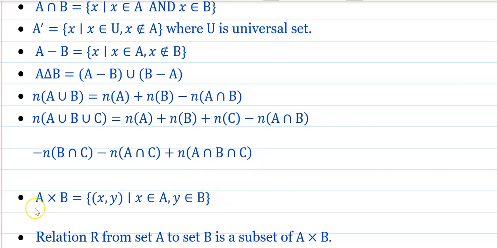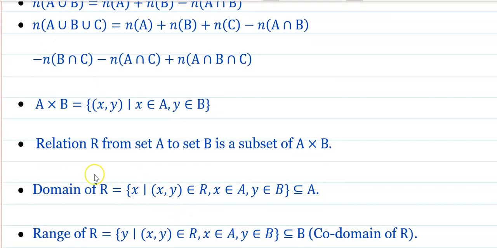Now the next, A cross B is equal to {(x, y) such that x belongs to A and y belongs to B}.